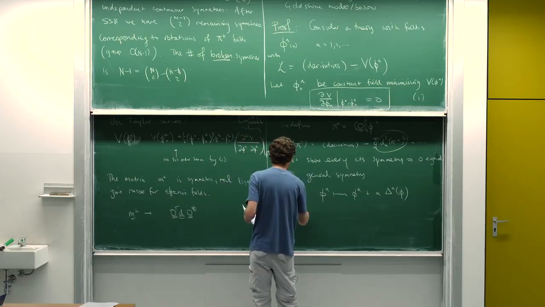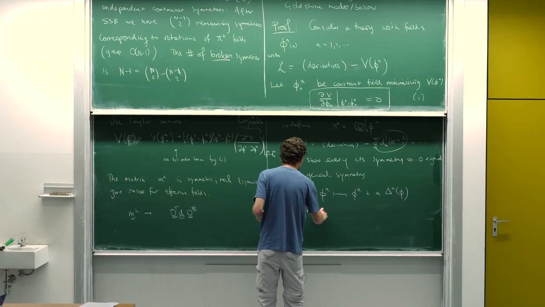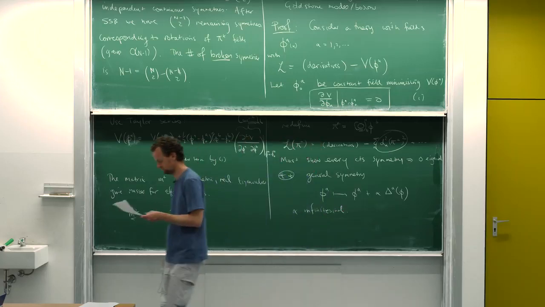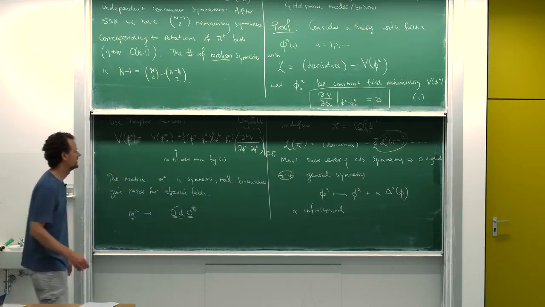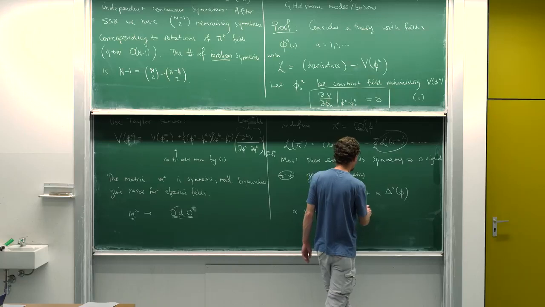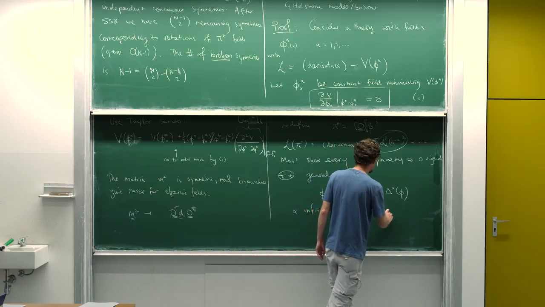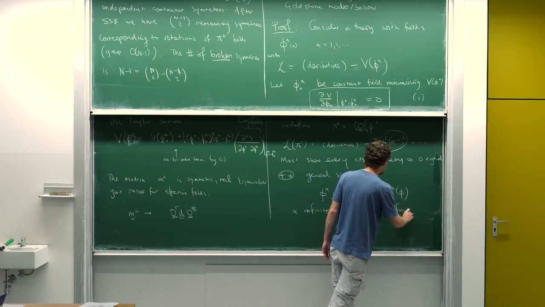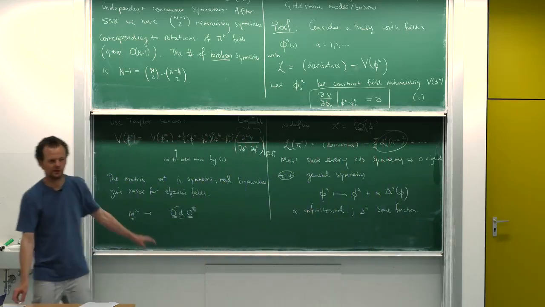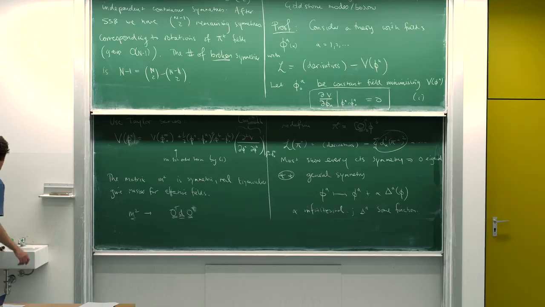And alpha is infinitesimal. And phi is some function. What we're going to do is do that transformation on the potential and see what happens.